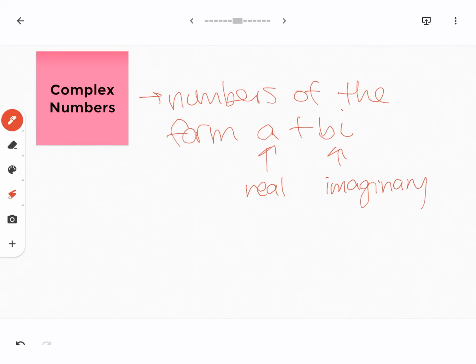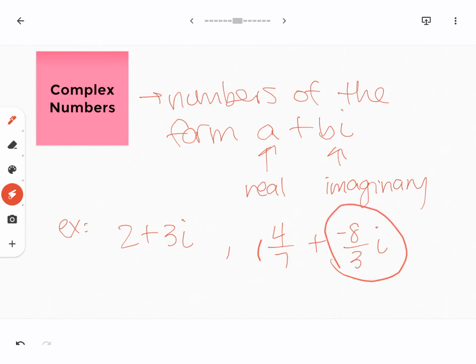So this could be anything. For example, it could be 2 plus 3i. It could be 4 over 7 plus -8 over 3i. Those could be fractions, they can be whole numbers, but you're going to have a real number portion and an imaginary portion on your number.